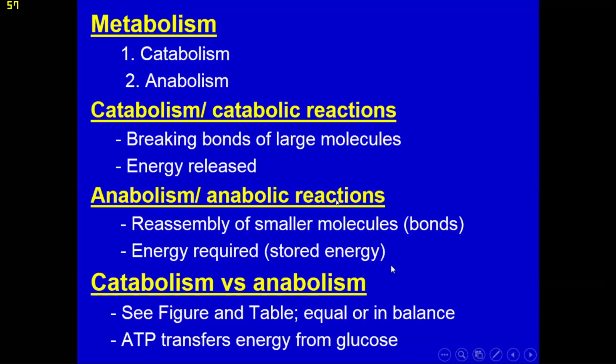And you are going to see this in a table, and you should know that catabolism and anabolism are in balance. How much catabolism do you have, how much anabolism do you have. So ATP can transfer the energy. Catabolism releases energy. Anabolism requires, consumes energy.